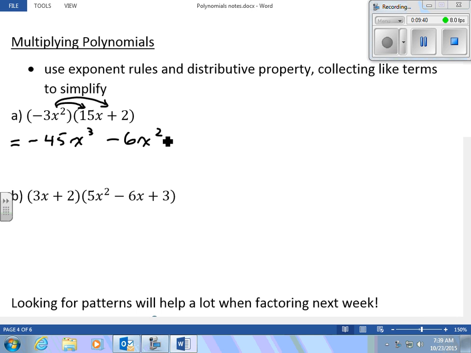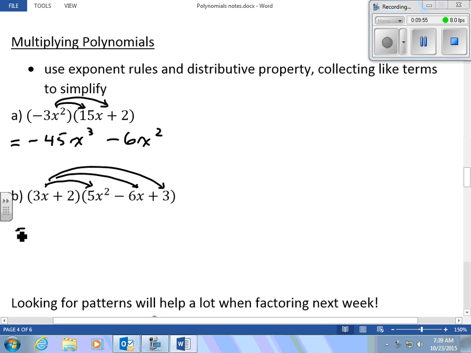We can't combine them. So now I've got a binomial, 3x plus 2. I'm multiplying it by a trinomial. So let's take the 3x first and distribute it across the trinomial. So we're going to get 15x cubed when we multiply it by the 5x squared.